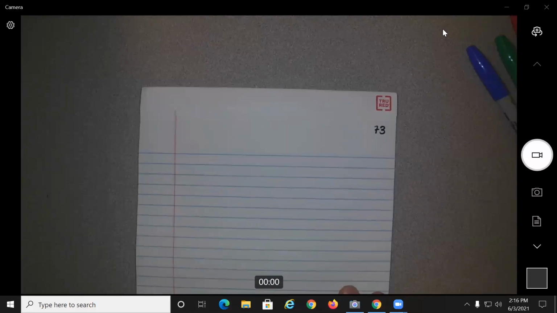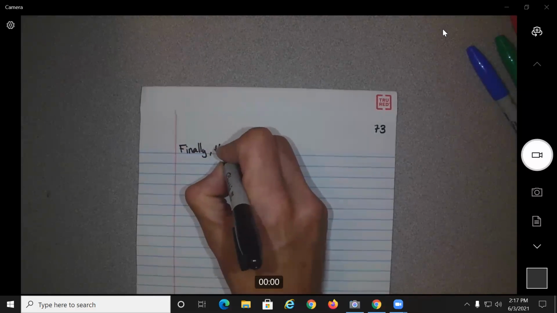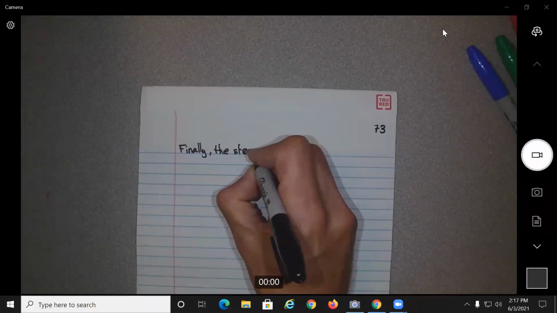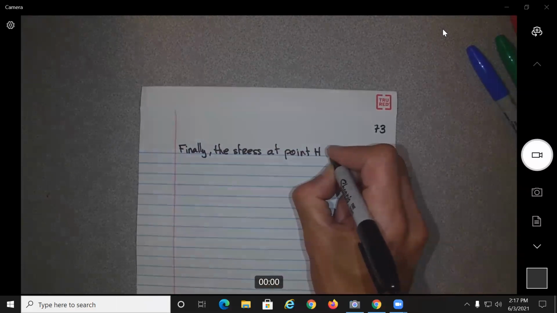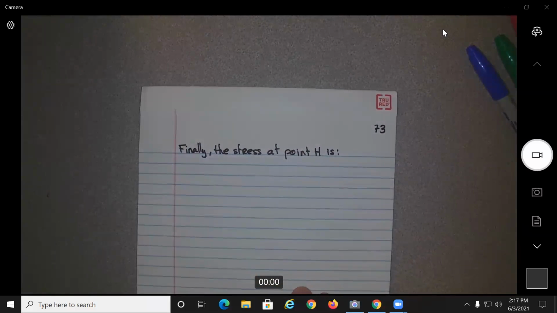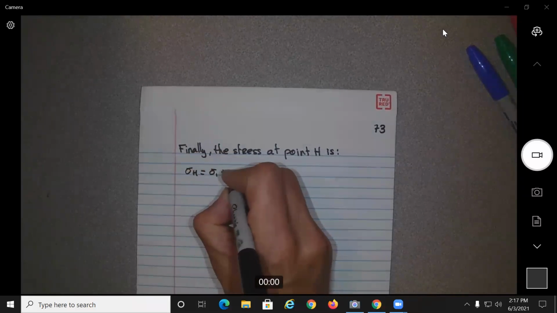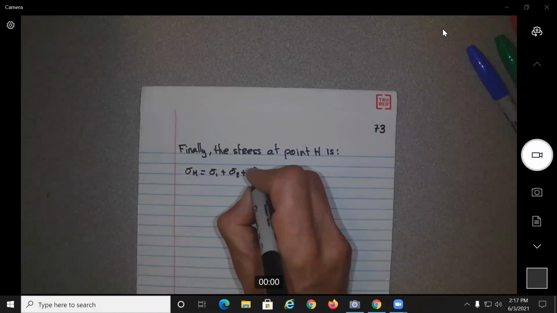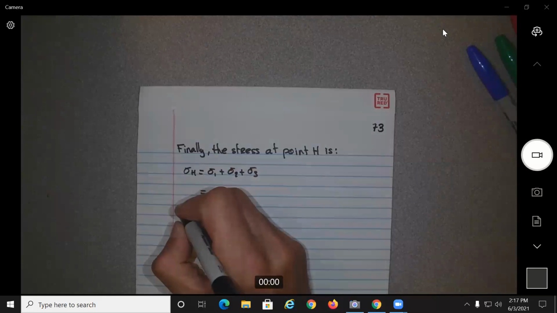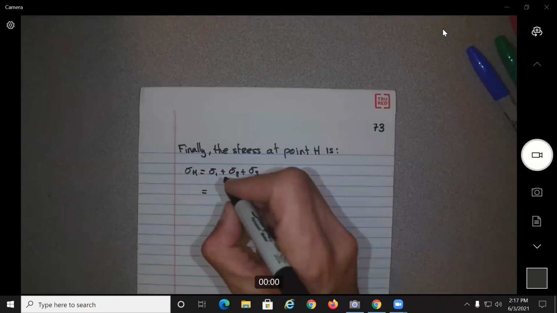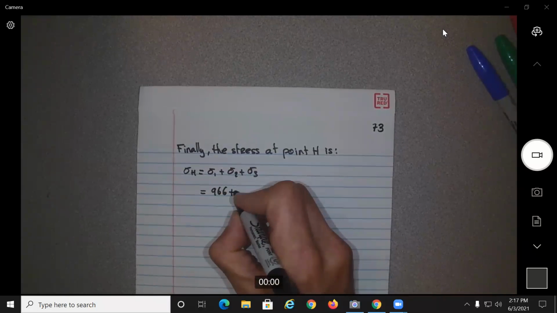Okay, so let's say finally, the stress at point H is what? So we're going to have sigma H equal to sigma sub 1 plus sigma sub 2 plus sigma sub 3, which will be what? Sigma sub 1, we had 966 plus 13.